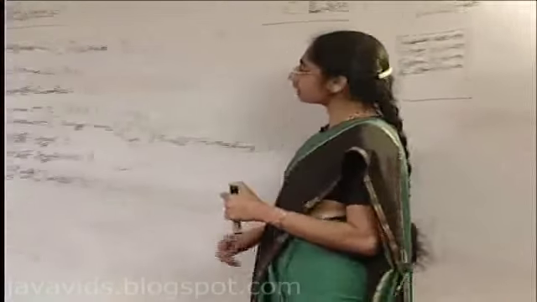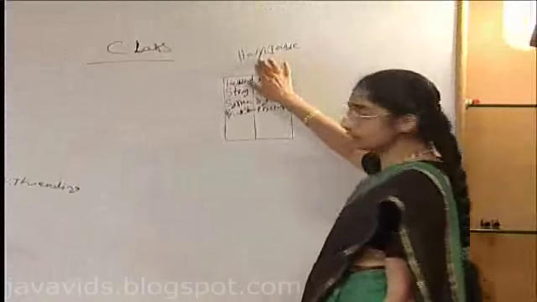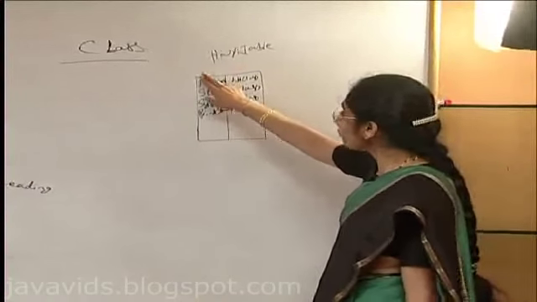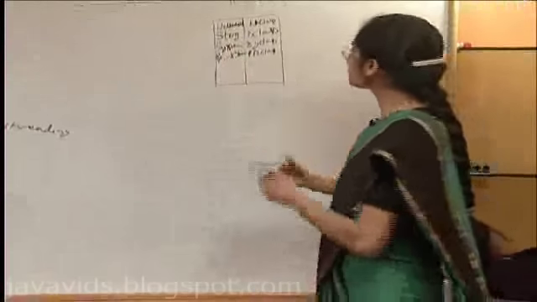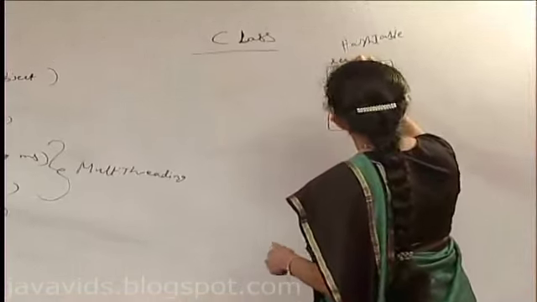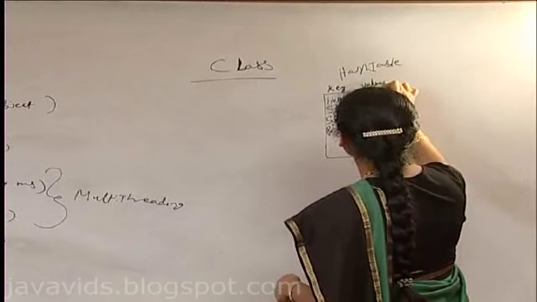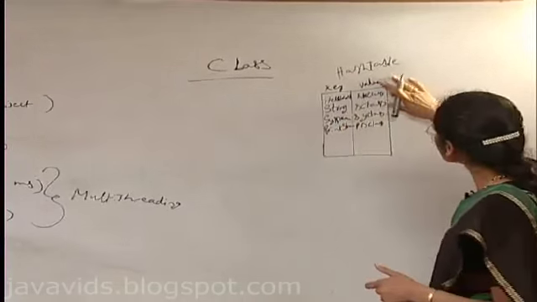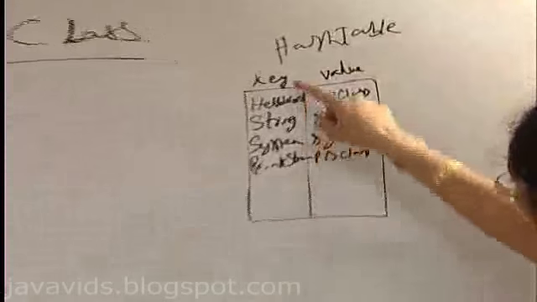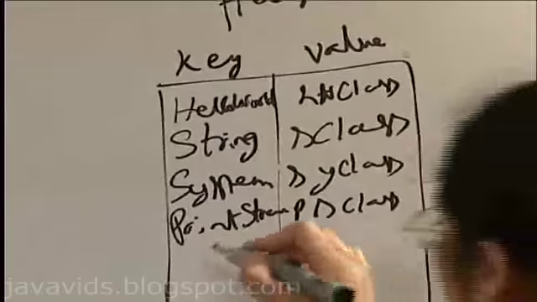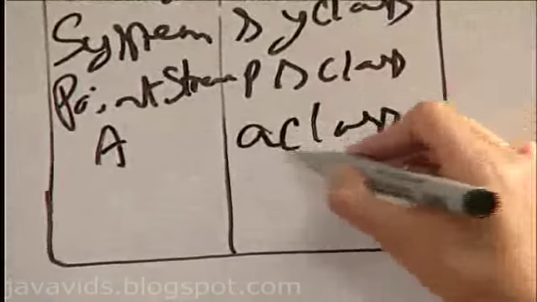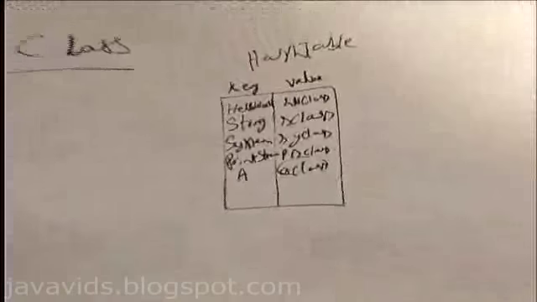The getClass method goes to the JVM and finds class A. The class names are the keys, and the values are the class objects. So it finds the key with the class name A, gets the class object for class A from this hash table, and returns that class object.